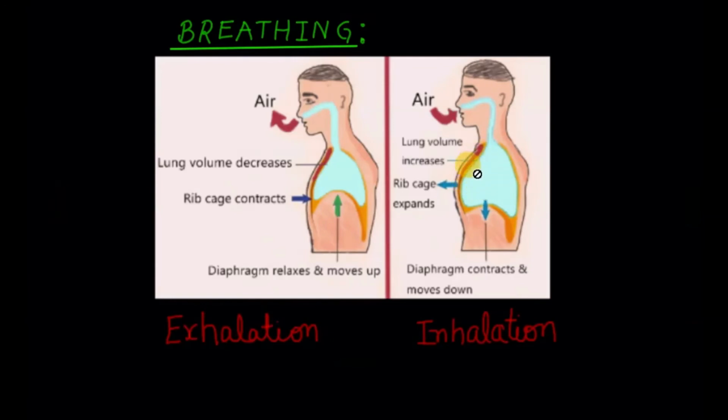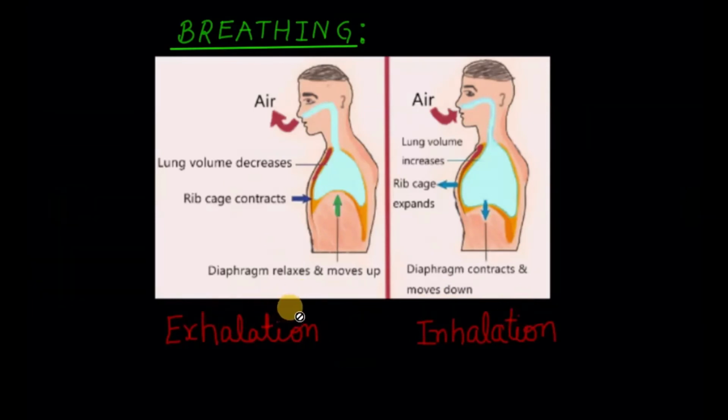As the volume increases, the pressure decreases. With the decrease in pressure inside the thoracic cavity, air from the outside rushes inside. Air has high pressure outside, so it rushes inside from the high pressure to the low pressure area. This way inhalation occurs.